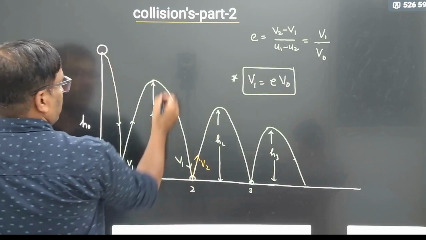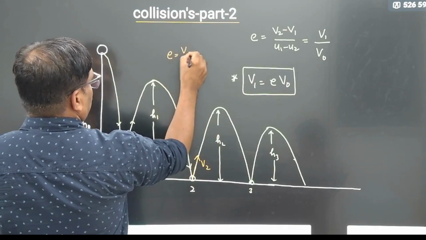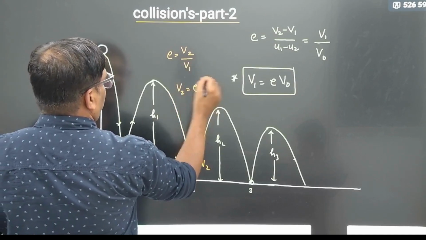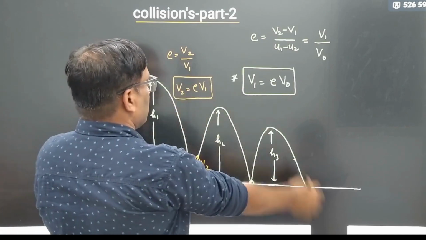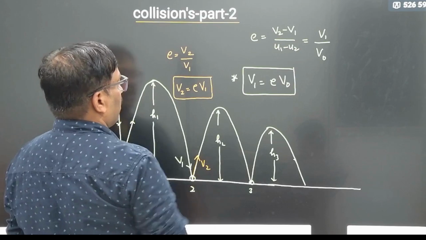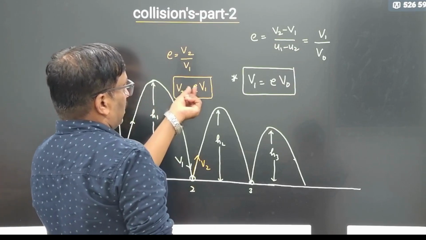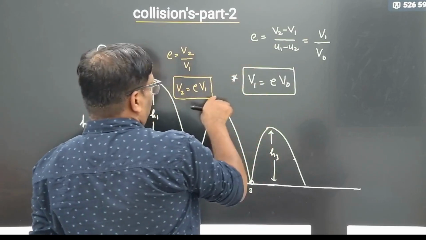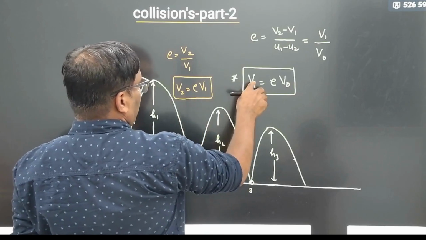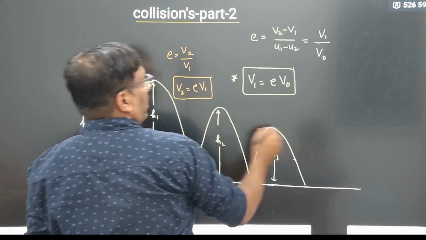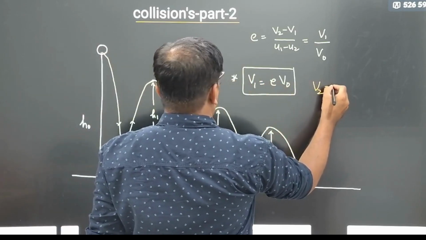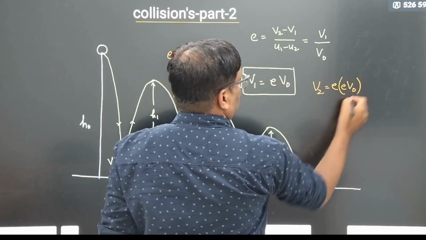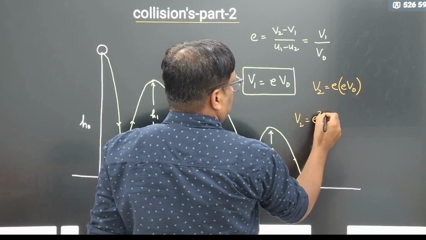Again writing the coefficient of restitution, the velocity of separation v2 by v1, we get v2 equals e times v1. Combining these two equations, we substitute v1, which is e into v0, so v2 equals e times e v0. Therefore v2 is equal to e square v0.